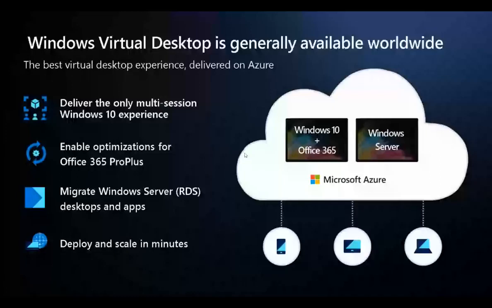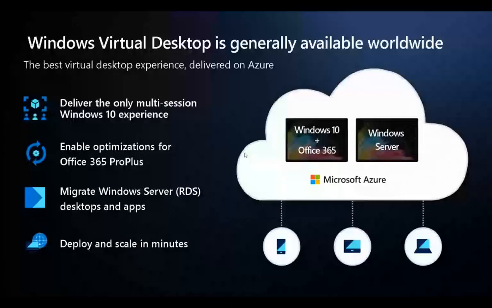That is where your Windows Virtual Desktop for end users comes into the picture. This Windows Virtual Desktop allows you to have your app virtualization and desktop virtualization done from the cloud and offered to the end users.